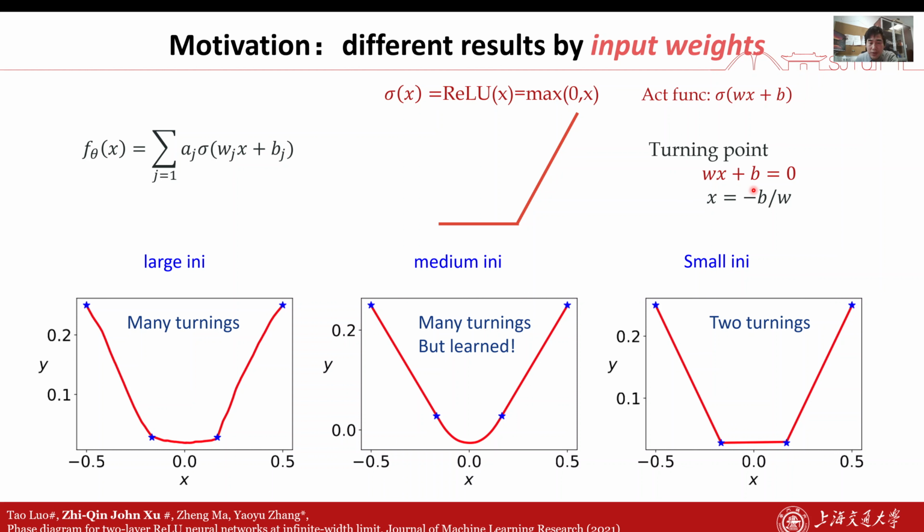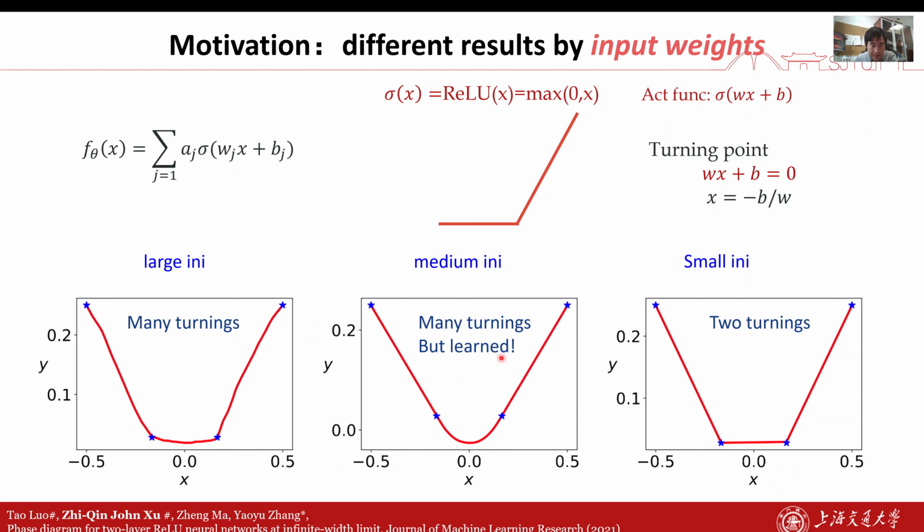Now we can take a look at the small initialization after training. For so many neurons, there are only two turnings, meaning that many activation functions have their turning points overlapping. For the medium result, to get this very smooth transition, there must be many turnings, but definitely they are not random.